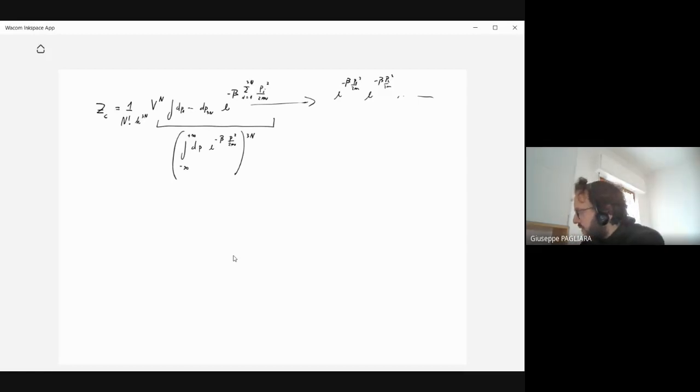Therefore, this is equal, as before, to the square root of pi times 2m divided by beta, to the power of 3N.